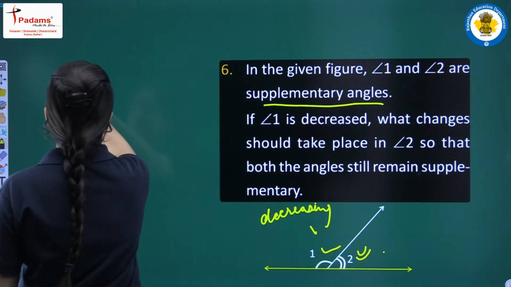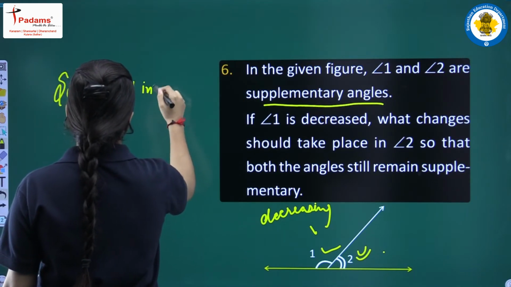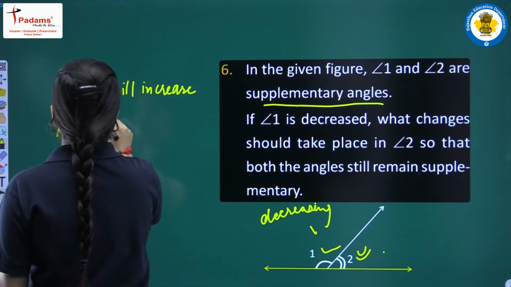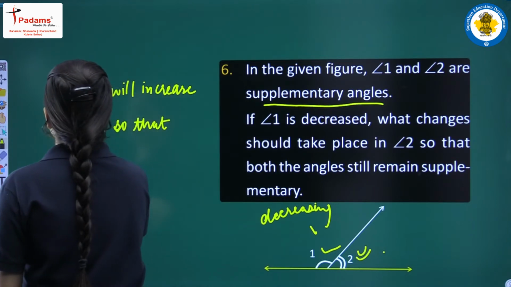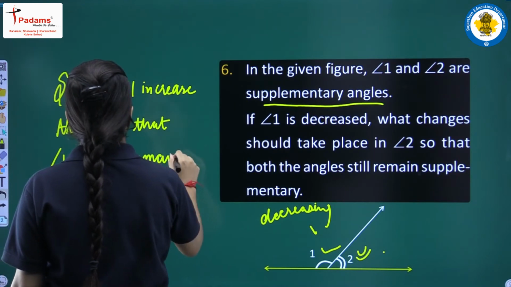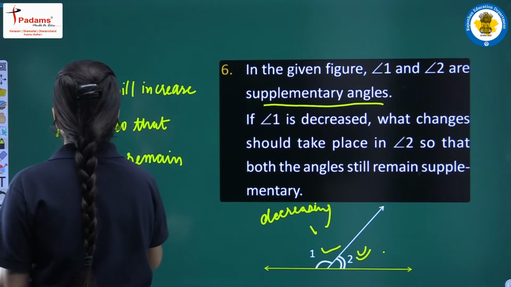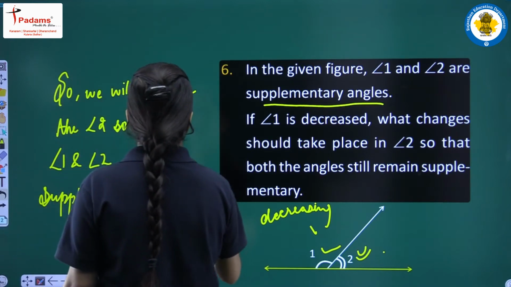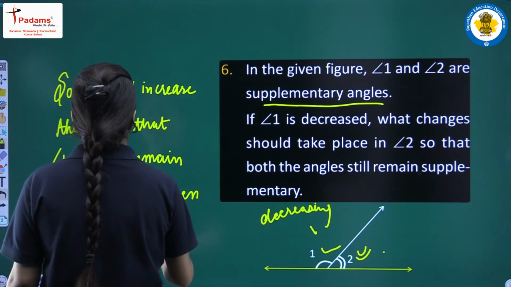So we will increase angle 2 so that angle 1 and angle 2 remain supplementary even if angle 1 is decreased.